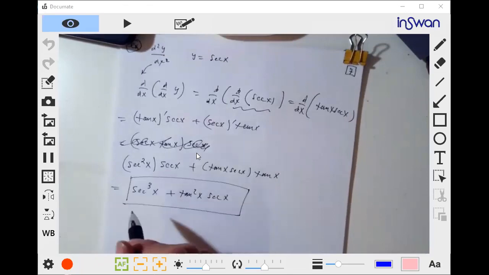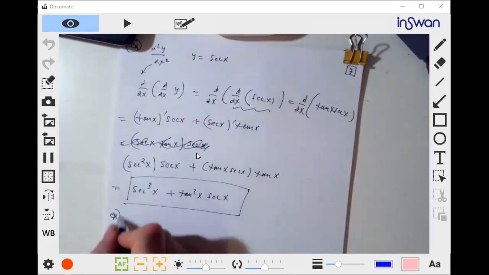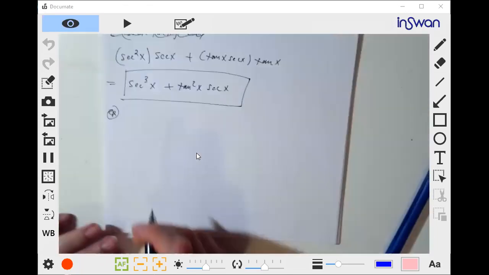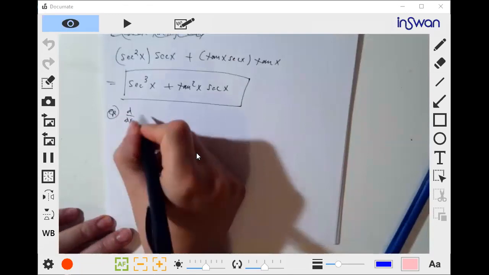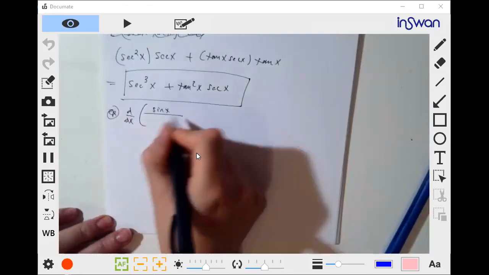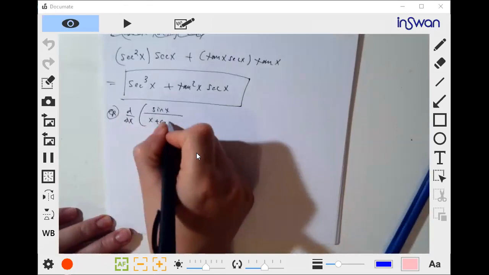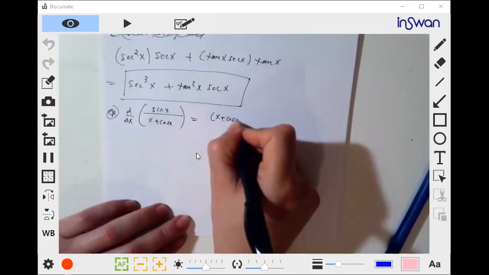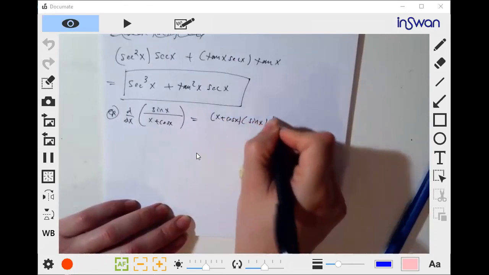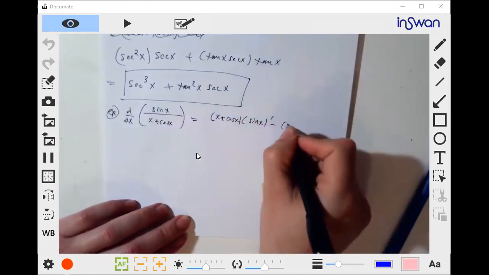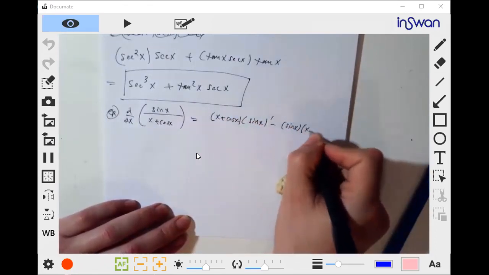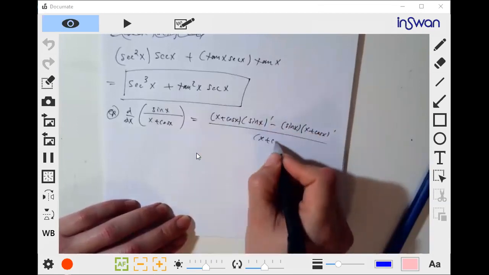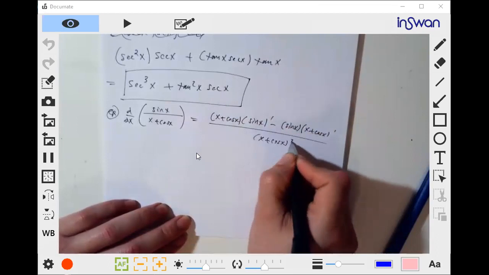Okay, let's do another example. What is the derivative of this? Well, it's the bottom times derivative of the top minus the top times derivative of the bottom all over the bottom quantity squared.